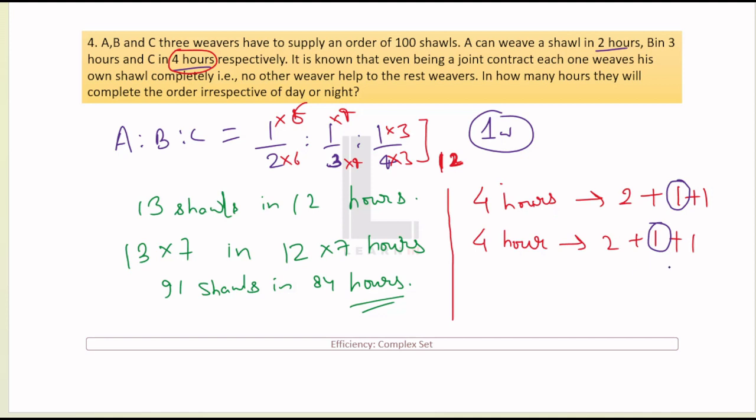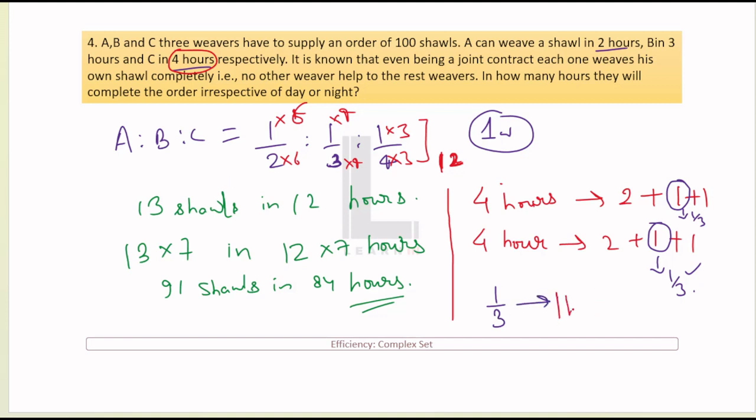So he has made 2 upon 3 shawl already, 1 upon 3 work done here, another 1 upon 3 work done here. Now he only needs to do 1 upon 3 of work, which he can do in 1 hour.